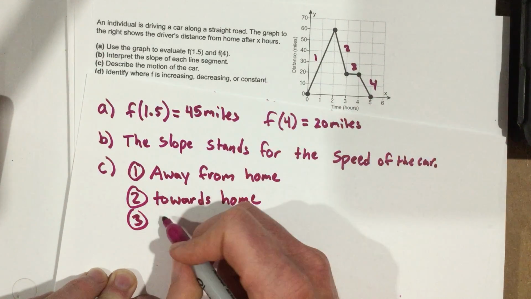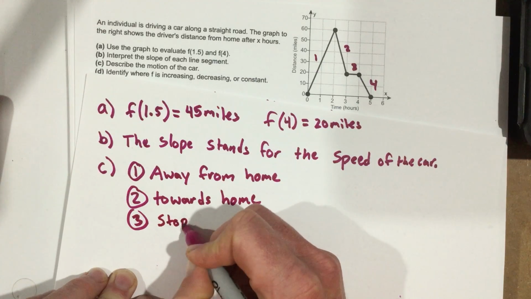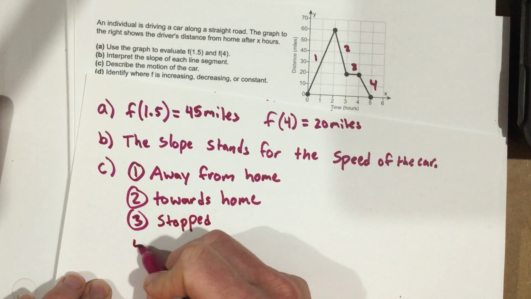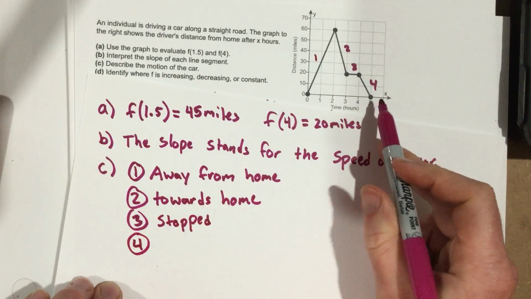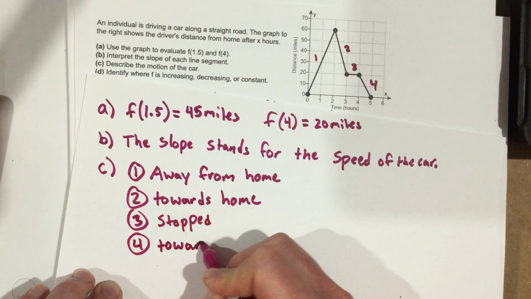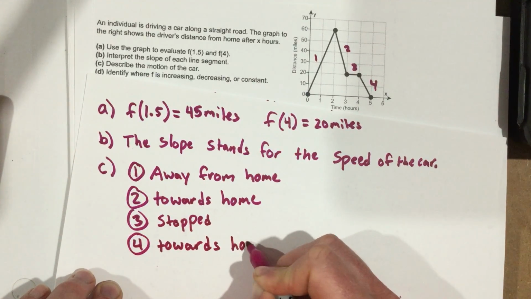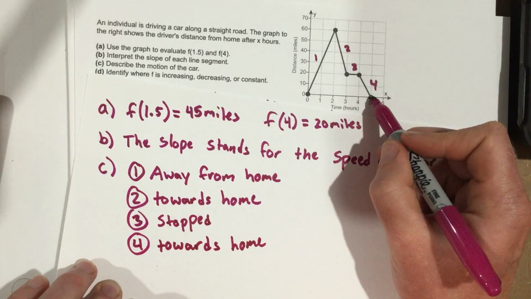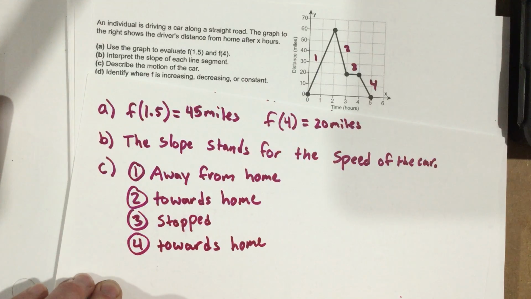So we're going to assume that they are stopped. And 4, that would be towards home and eventually reaching home, because if you look at f of 5, we are 0 miles from home, so that means we're at home.